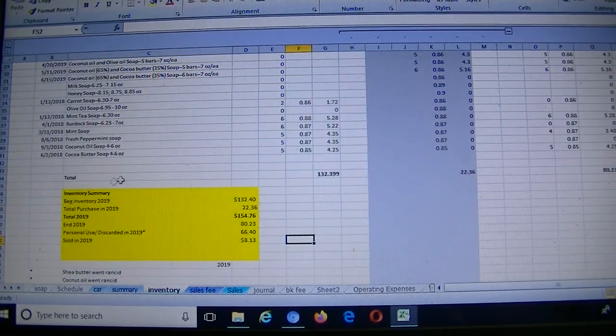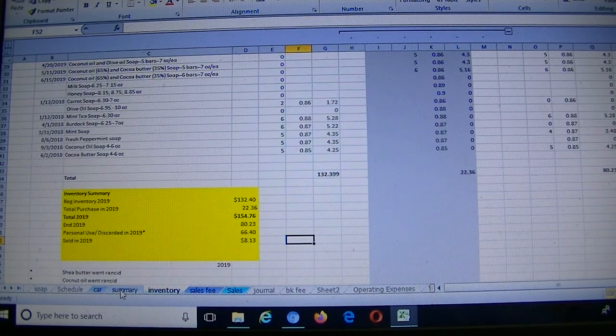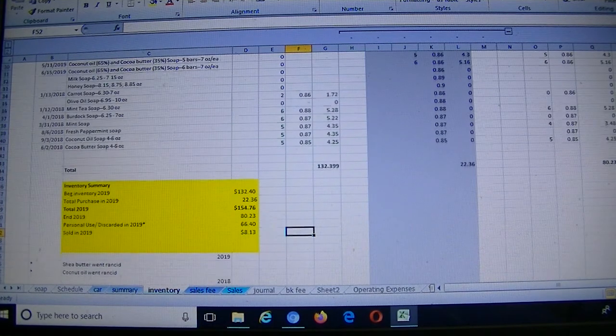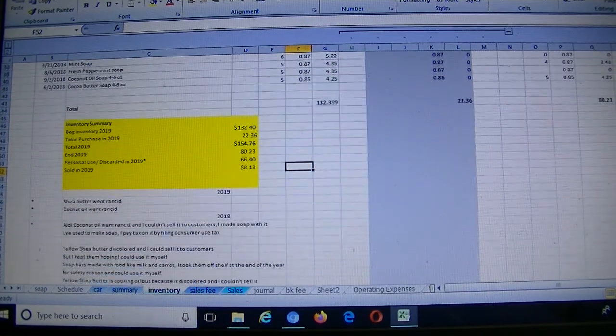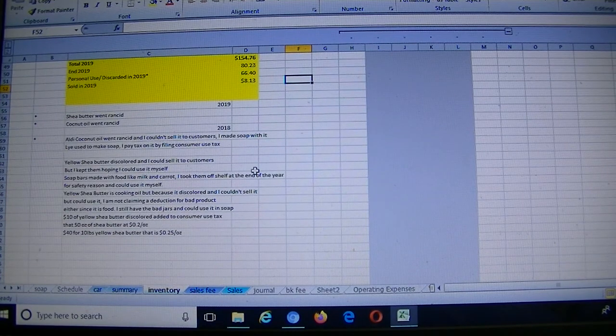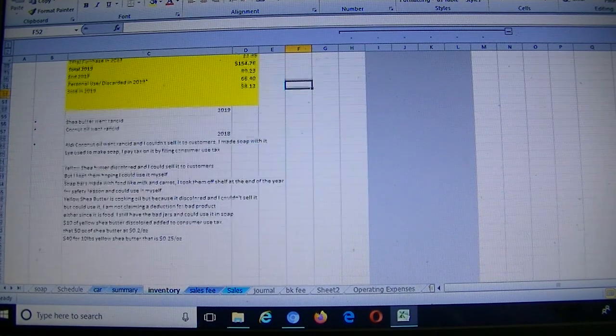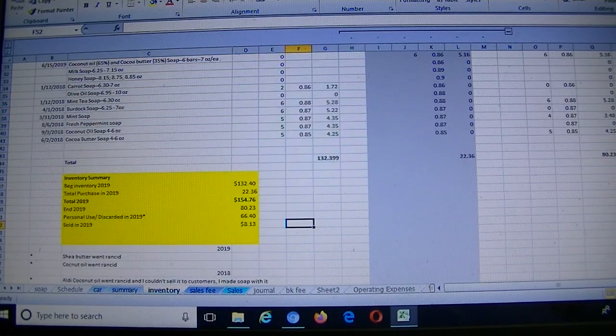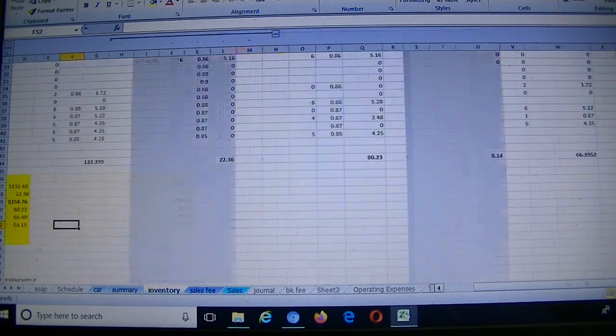So we have our inventory information here that we will move. And when I'm doing those, I like to take note of things that I took out for personal use. I like to take note of it here because I had to fill out some state forms, some state tax return as well.